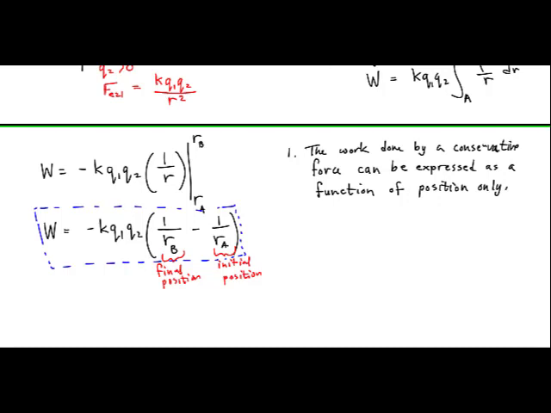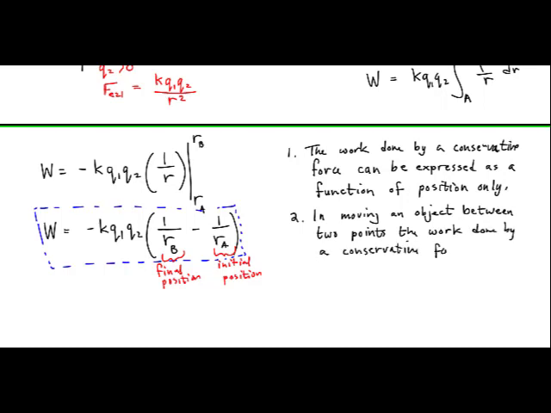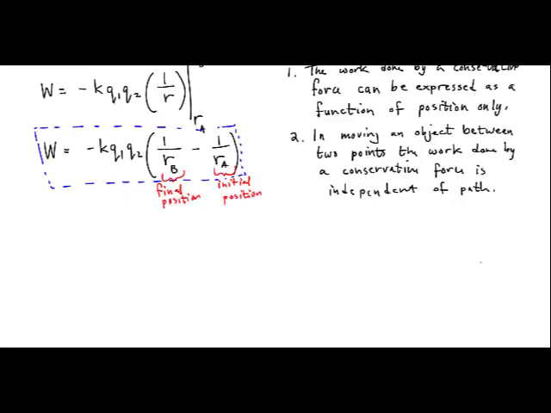Another property of a conservative force is, in moving an object between 2 points, the work done by a conservative force is independent of path. So what does that mean?